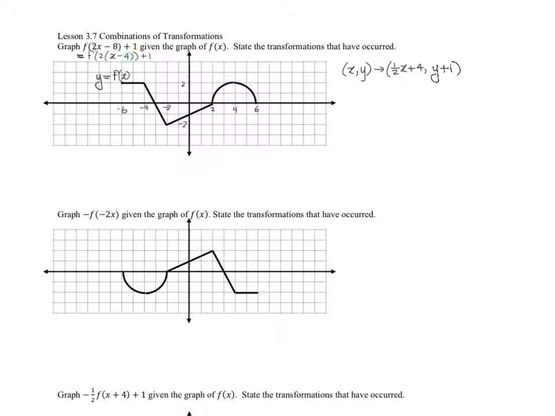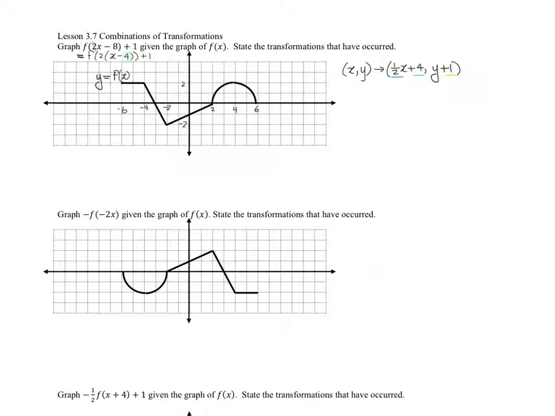Okay. So the half is because of our horizontal compression by a factor of half. Plus 4 is our translation 4 units to the right, and then the plus 1 will be our translation 1 unit up. So now let's write down our base graph points.